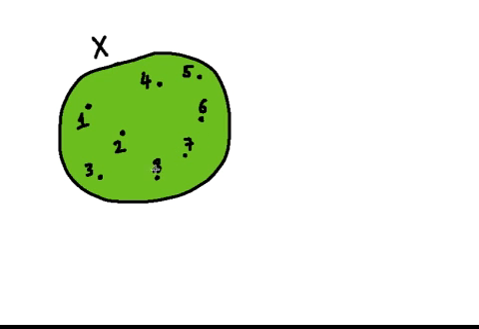We could say that two numbers in this set are equivalent when either they are both even or they are both odd. And this relationship turns out to be reflexive, symmetric, and transitive.